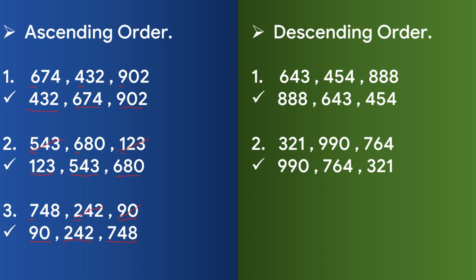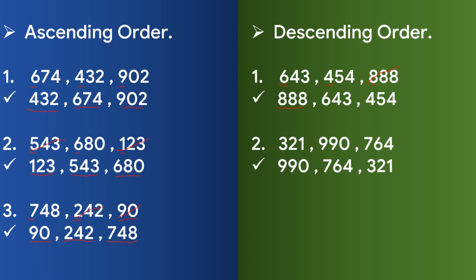Among these three, you see the number of digits is the same. So you have to see the first digit. First digit is 6. In the second number it's a 4 and in the third number it is an 8. So which one is the biggest number? 888. So you have to write down 888 first. After writing it down, just cut this 888 because we already wrote it.